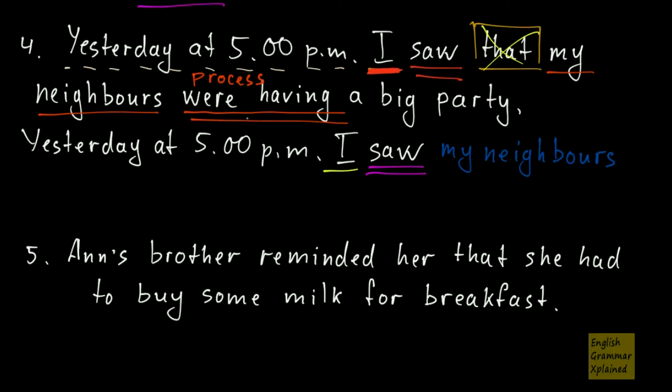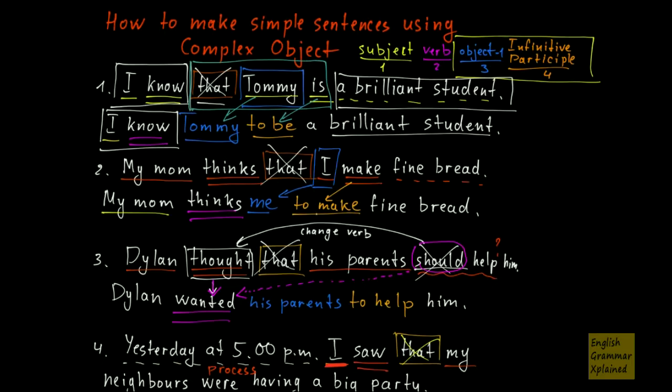And then I will use present participle, having, instead of to have, because we have process here. And then a big party, intact, without any changes. And this is it.